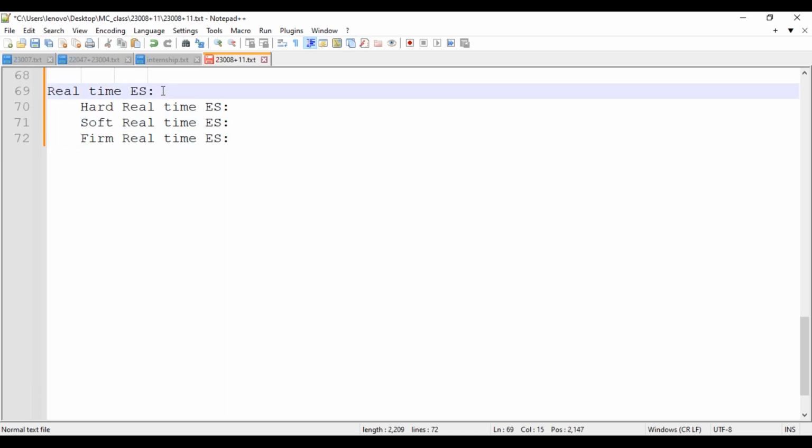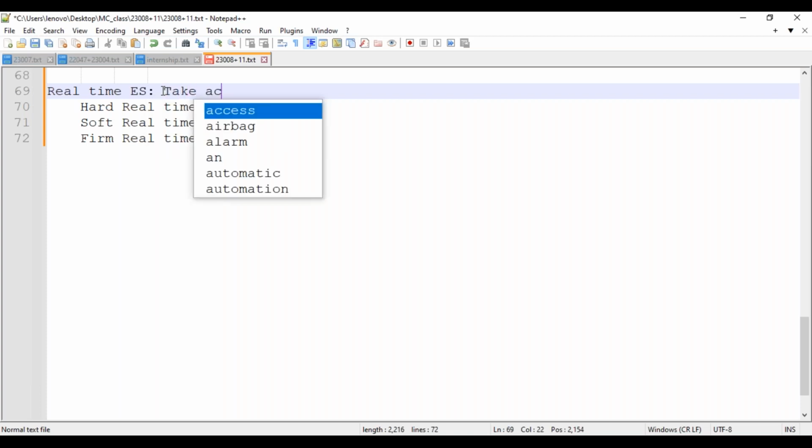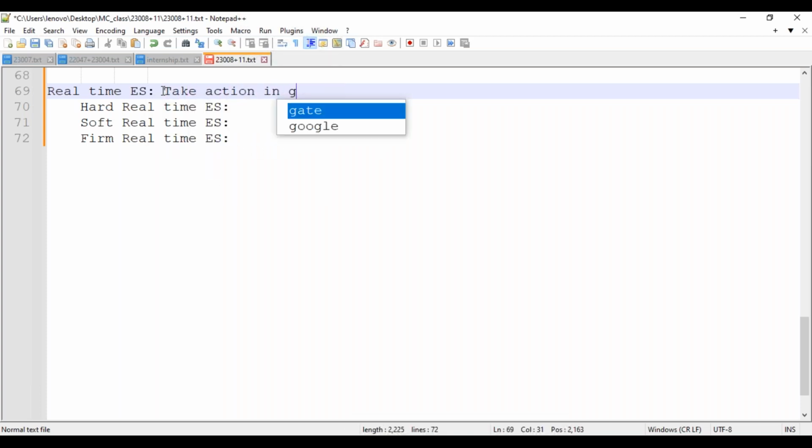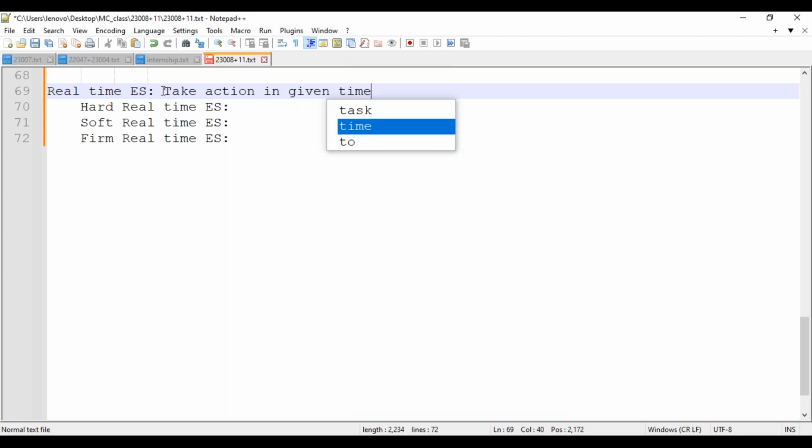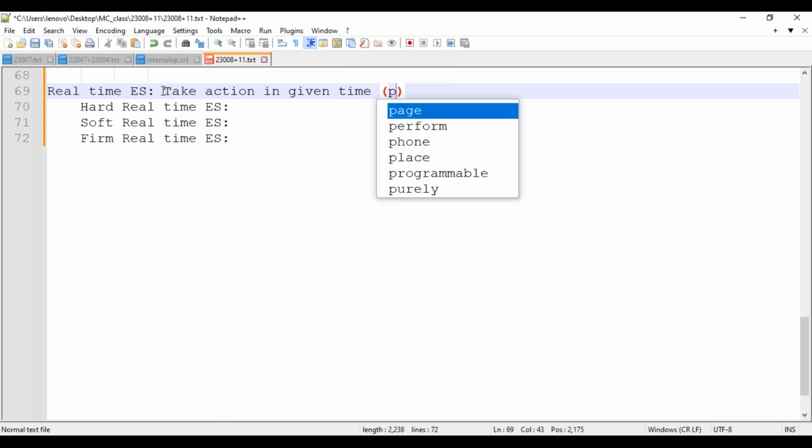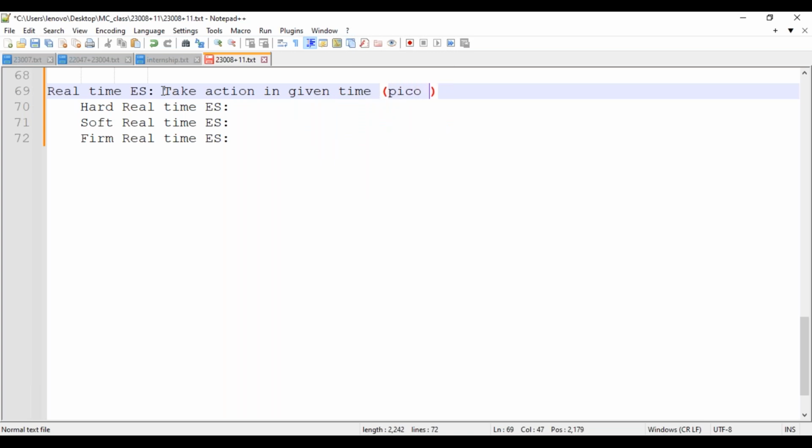Now, real-time embedded systems are supposed to take the action in the specified amount of time. So take action in given time. And this given time can be as small as a few picoseconds to as big as a few milliseconds.